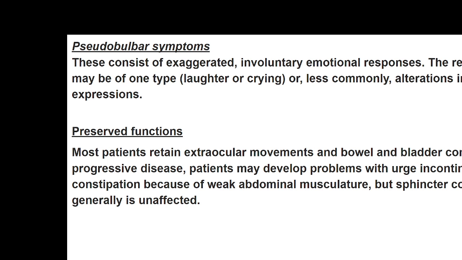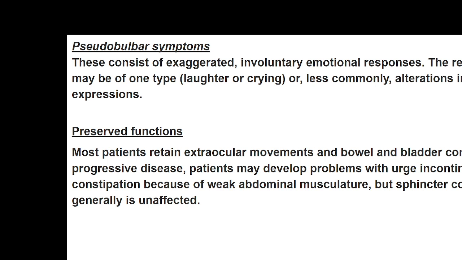Then most of the patients retain functions like extraocular movements, and bowel and bladder control, until very late stages. That's a very characteristic feature of motor neuron disease. The patient may have impairment of all voluntary functions, while the somewhat partially involuntary functions like bowel and bladder movements, and ocular movements like the eyelid movements, are not affected until very late stages in such patients.